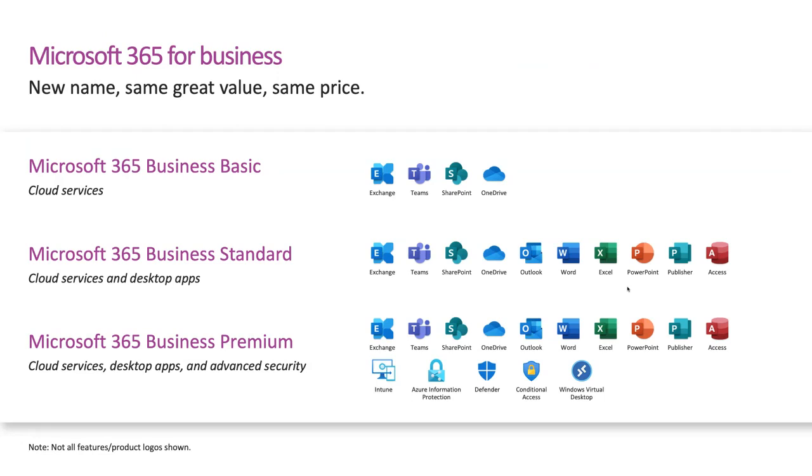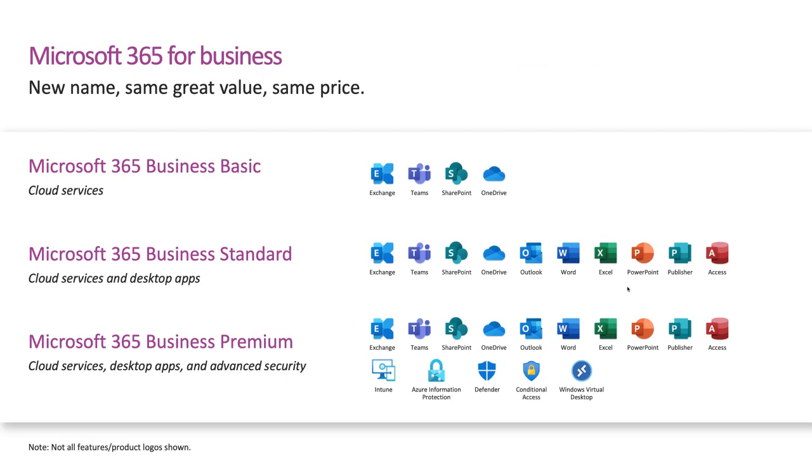So Microsoft 365 has recently gone through a rebrand for the business SKUs. You now have 3 primary SKUs available to you to license. So Microsoft 365 Basic is aimed at organizations, kind of sub 50 users, that want cloud native management. So this includes your cloud services only.